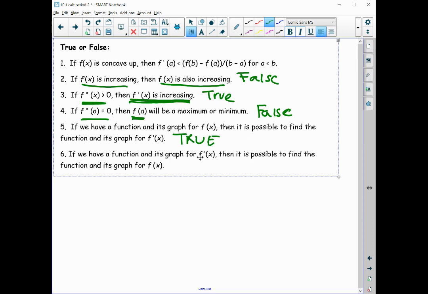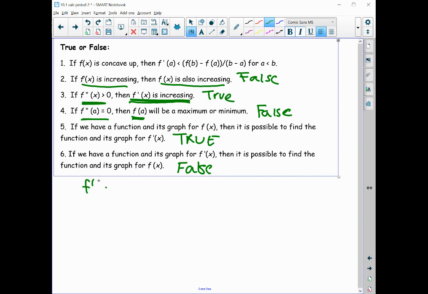Okay, if we have a function and its graph for f prime of x, then it's possible to find a function and its graph for f of x. This is false. Now, can I sketch a potential f of x graph? Absolutely. But f prime of x does not give me values of f of x. F prime of x gives me behavior of f of x.